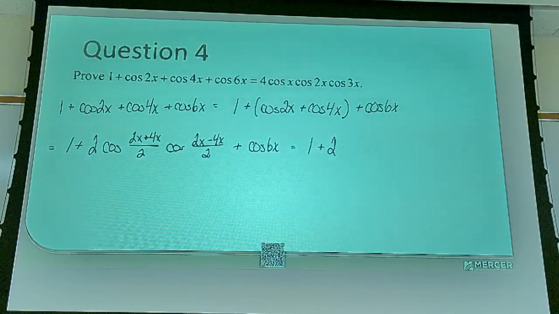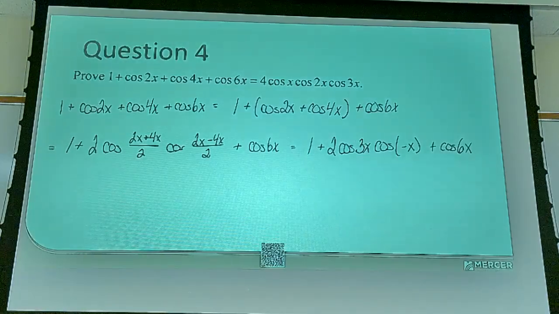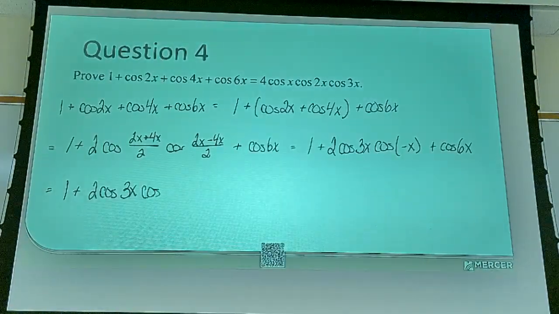That's going to be what? First one's 3x, and the second one is negative x. But again, cosine is even. Cosine of negative x and cosine of x are the same.